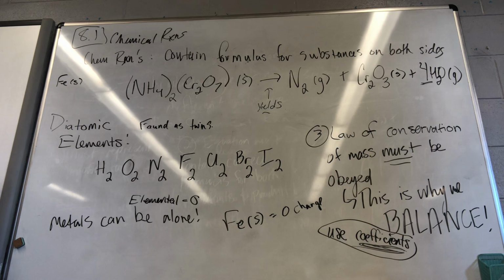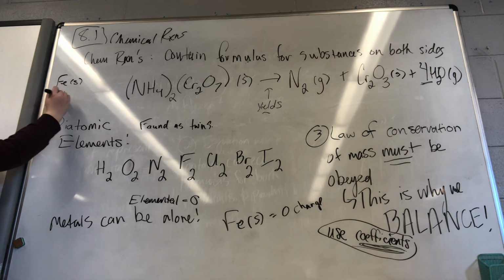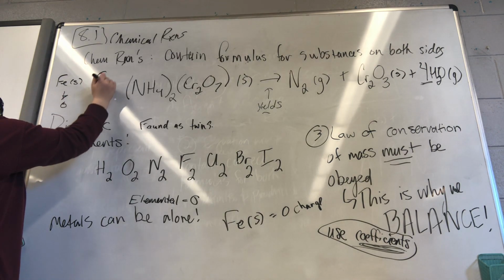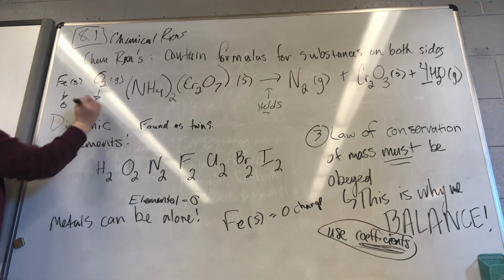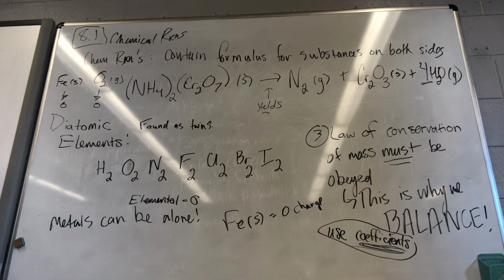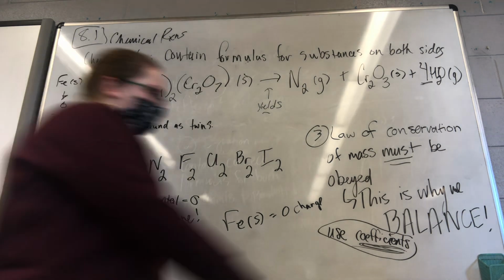If I write this, that has a 0 charge, right? If I write this, that also has a 0 charge. When it's in that form only. Now, when oxygen is combined with something else, its charge is typically what? -2, right? So it only applies when they're by themselves.